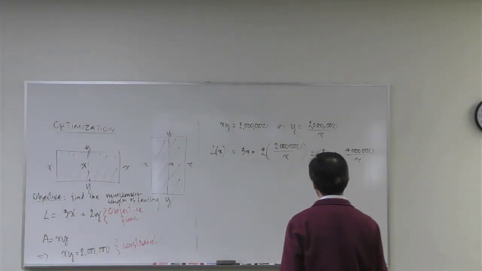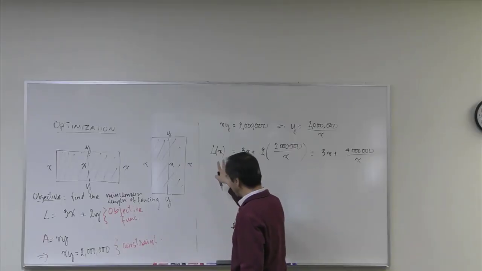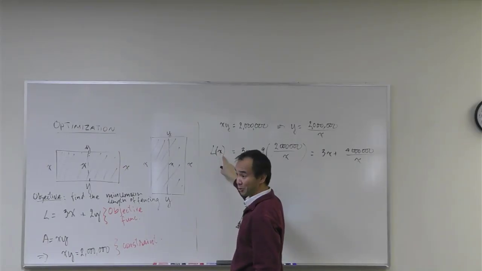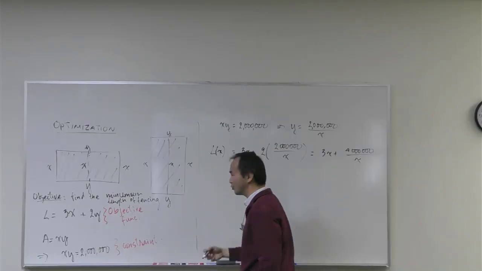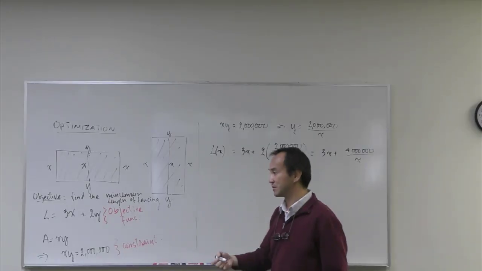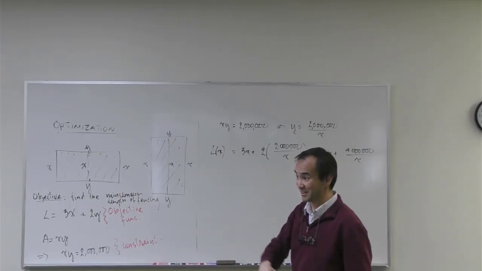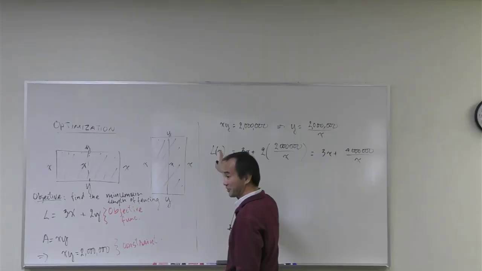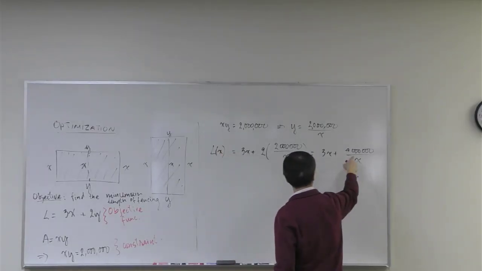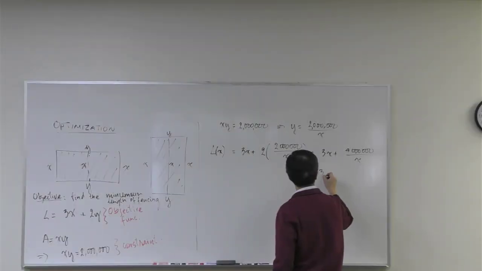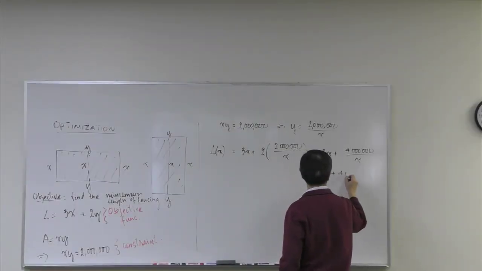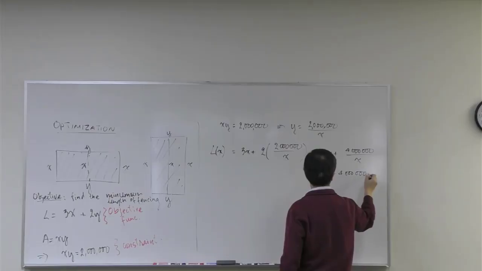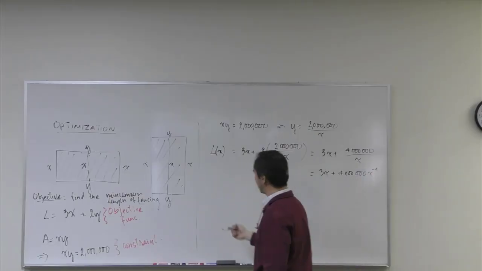Once we have made our objective function a function of one variable, we can apply the usual work for finding the maximum or minimum value that we have spent our time learning. Here's our objective function. See that as 3x plus 4 million times x to the negative 1 power. Now I'm ready to find the derivative.